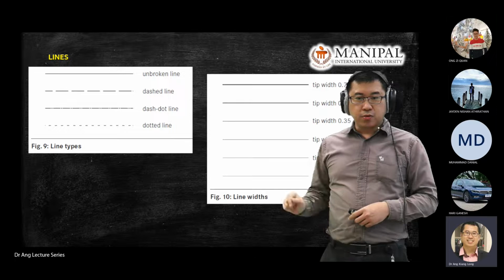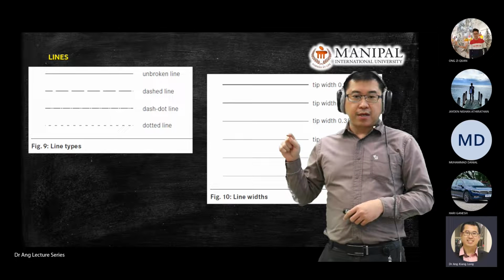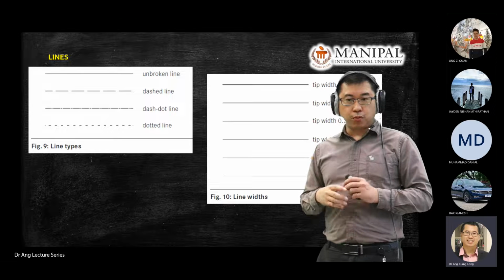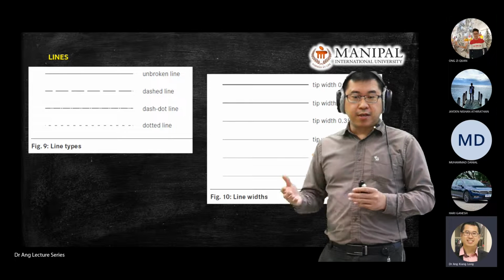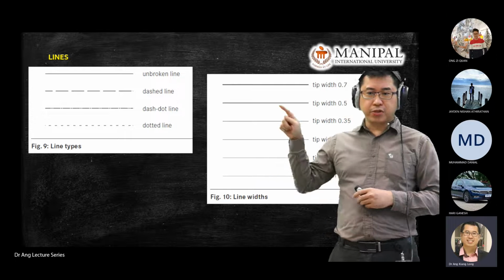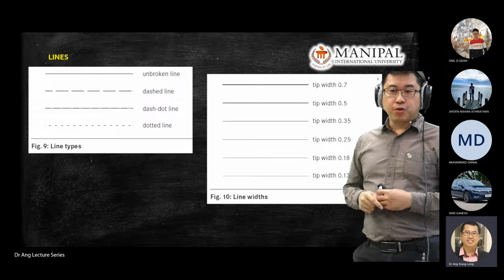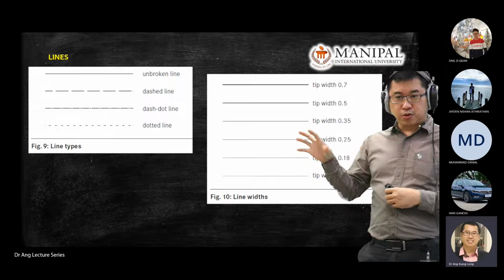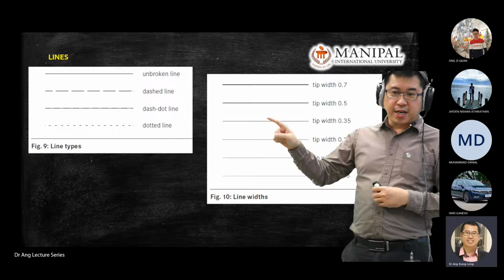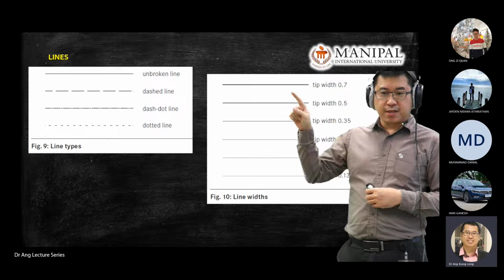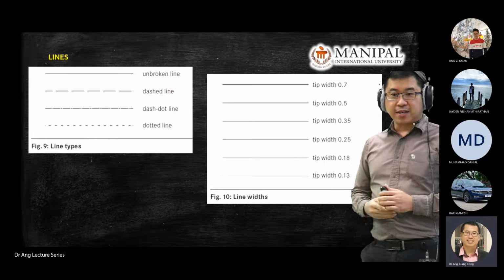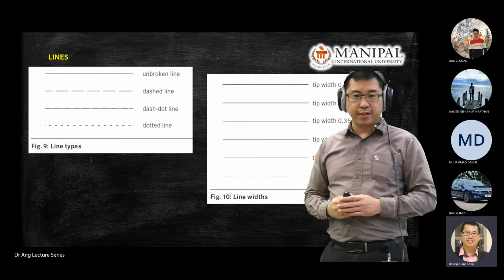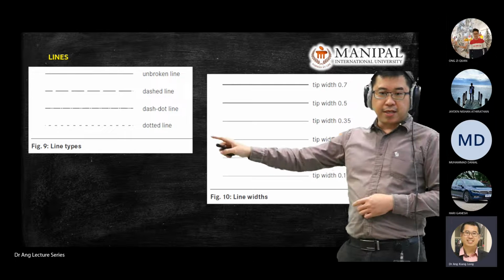So later when you pass your 2D dimension drawing to us, or by the end of the report, or when you use your software to draw the 2D drawing later on, make sure you check whether you are using the correct line width and correct line type. These are the things that we will check.